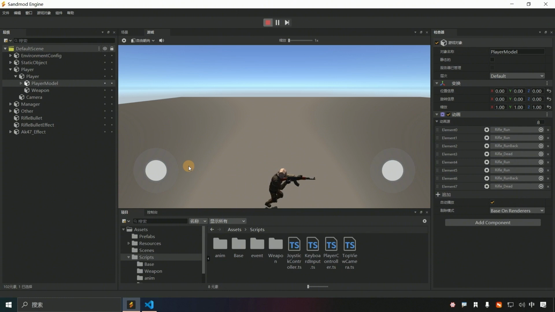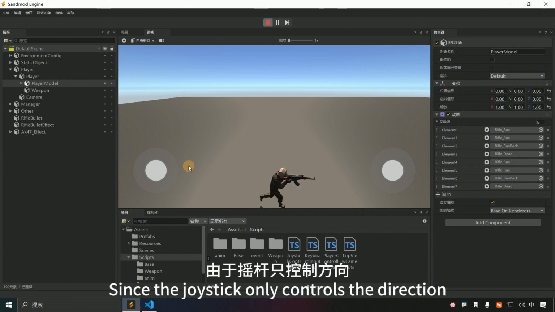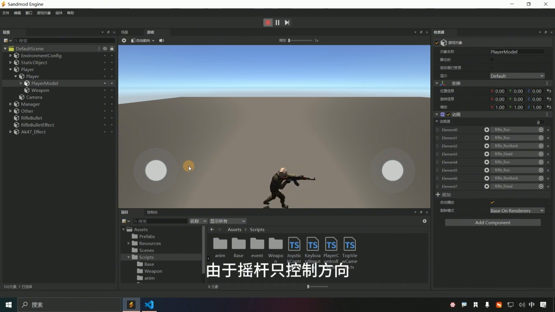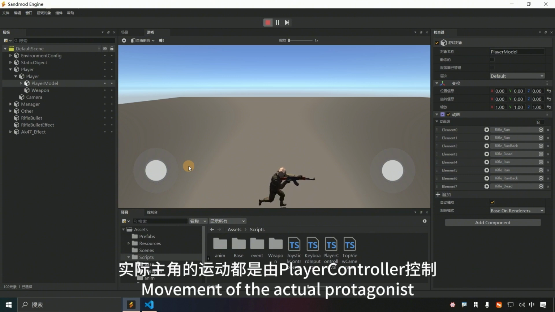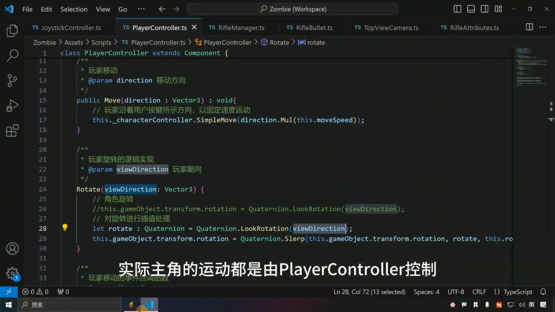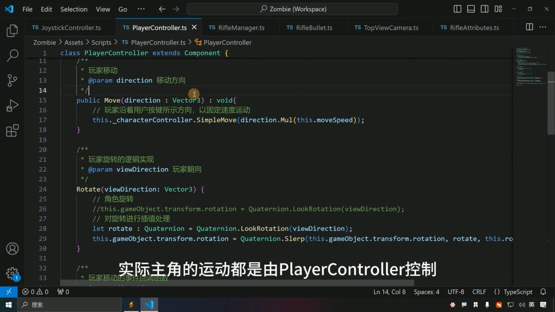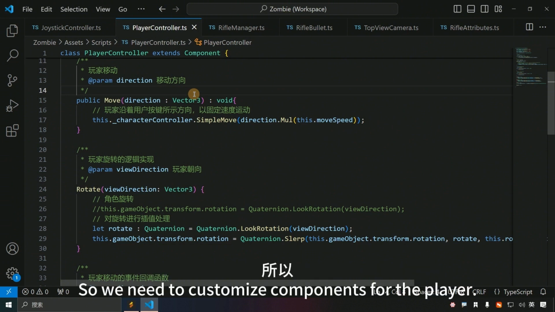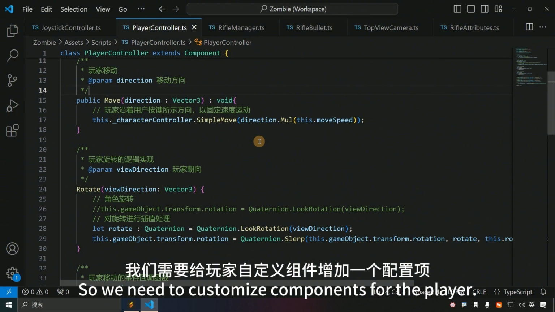But since the joystick only controls the direction, the movement of the actual protagonist is all controlled by the player controller. So we need to customize components for the player.